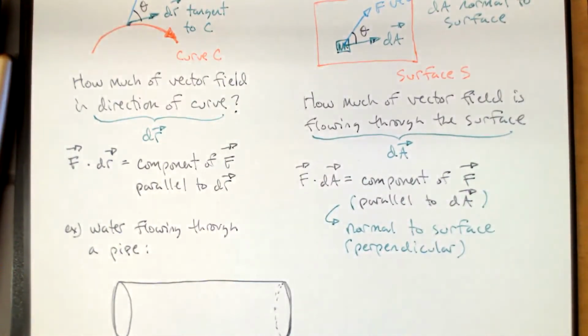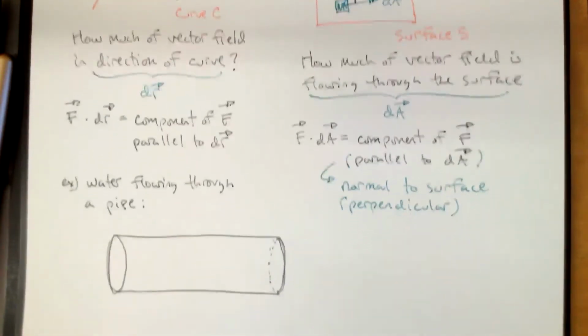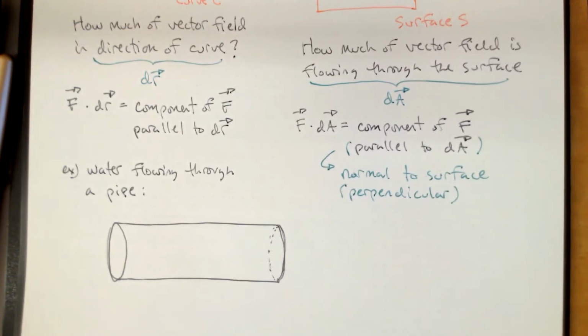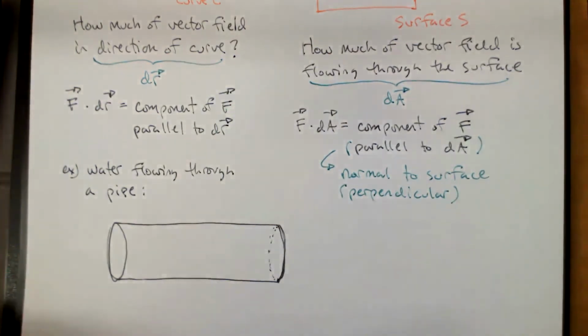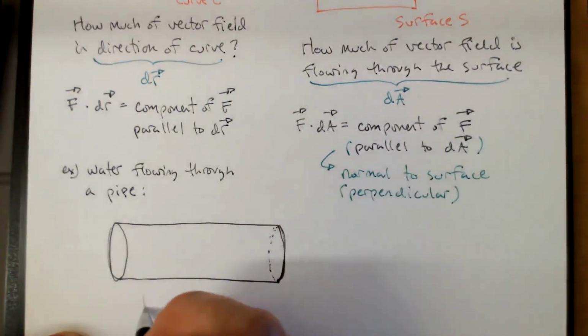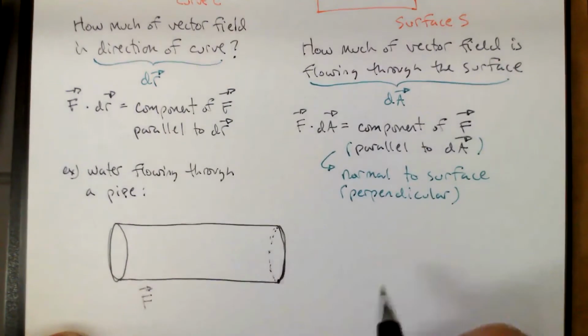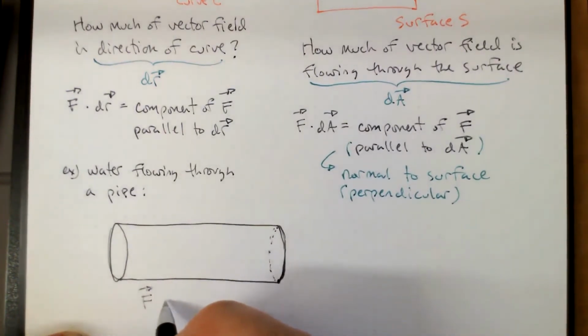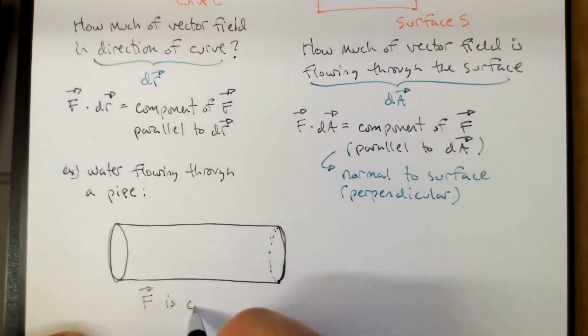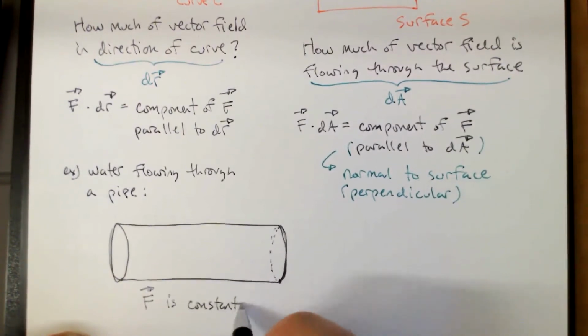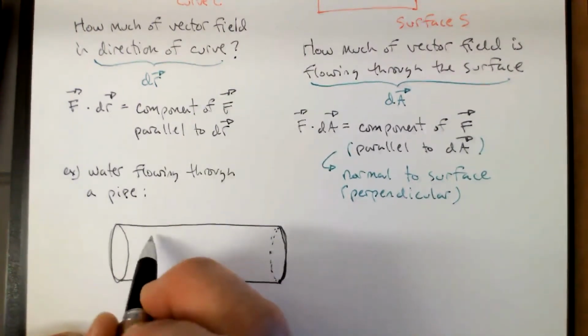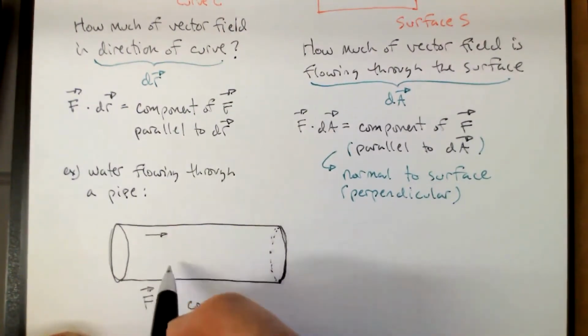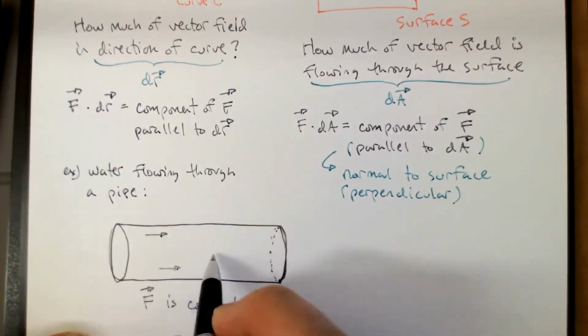Here's how we'll simplify things: the vector field is all just going one direction. Everywhere in this pipe, the vector field is going in just one direction.